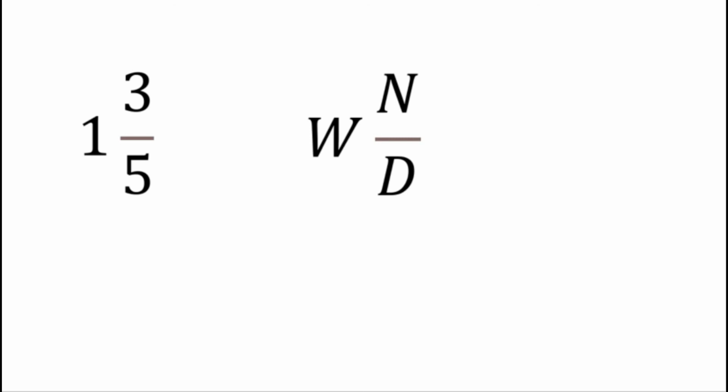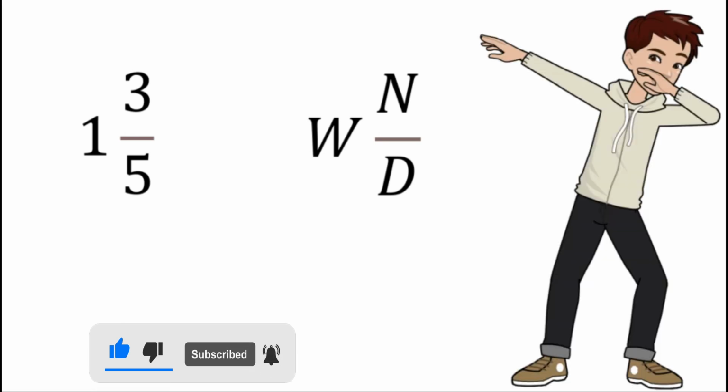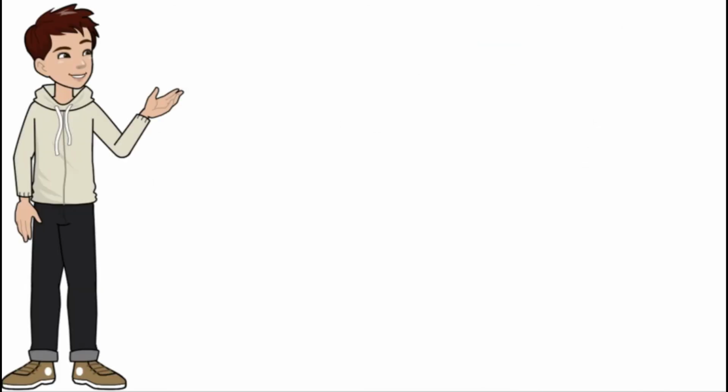And you might be thinking, how did I convert the improper fraction into mixed fraction? And how to convert mixed fraction to an improper fraction? Well, that's a topic for one of my future videos. So yeah, we have found another way to represent improper fraction.